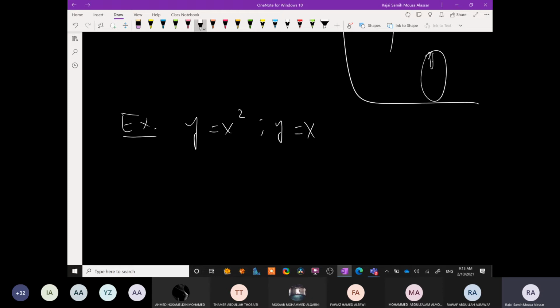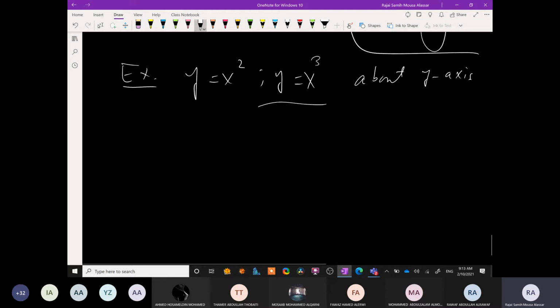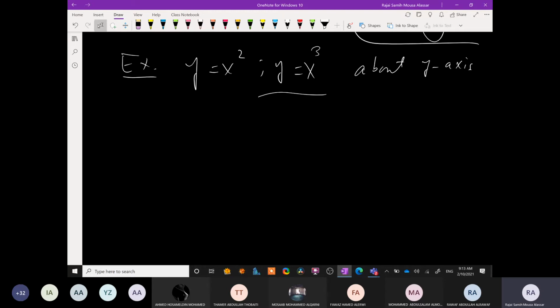Okay, let's get another problem. I have x squared and x cubed, rotated about the y-axis, and I want to find the volume. What are you going to do about this problem? Let's sketch x squared.